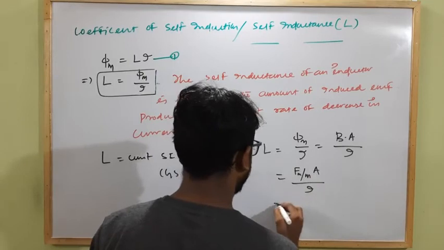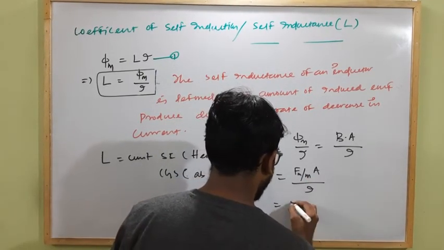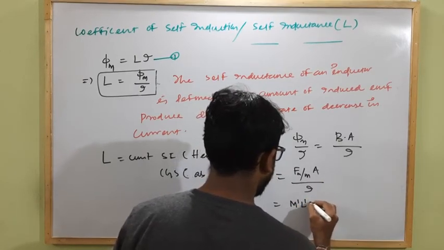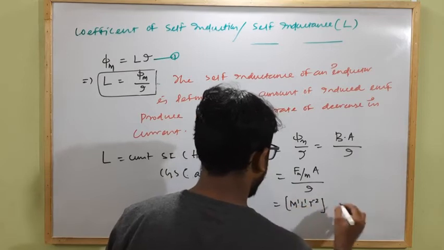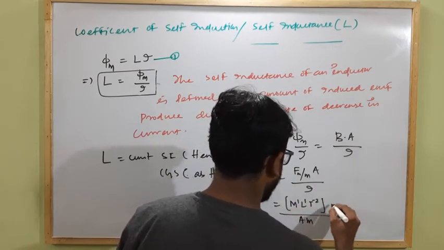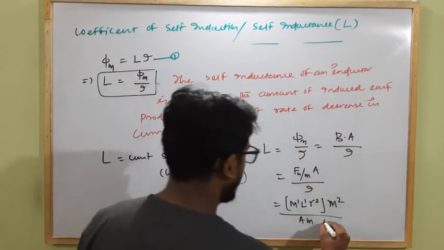What is force? Force has dimension formula M1 L1 T minus 2, divided by ampere meter into meter square, that is the dimension of area, into ampere.